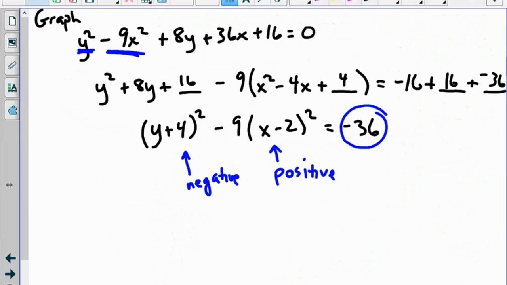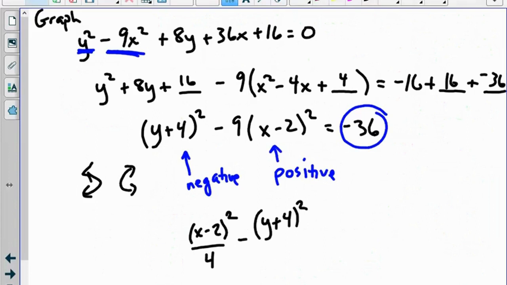So this is really important to understand. This is actually going to be something that opens left and right, not up and down. So I'm going to divide by negative 36. I get (x minus 2) squared over 4 minus (y plus 4) squared over 36 equals 1.